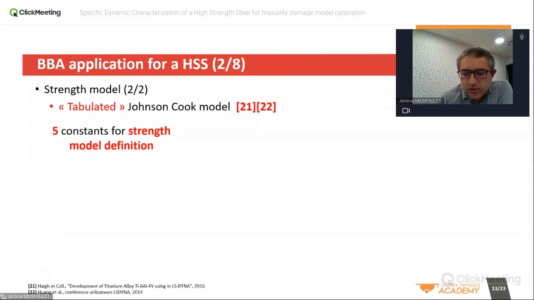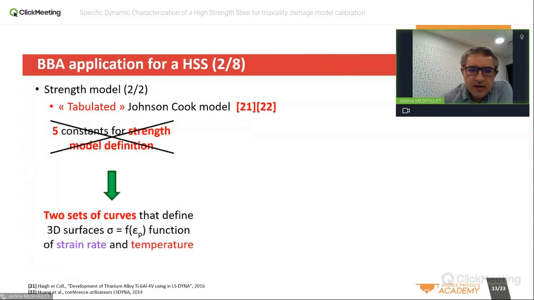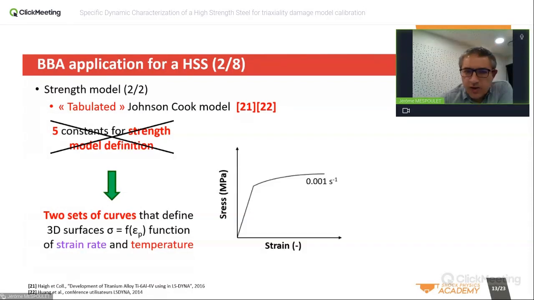So in this case, our customer asks us, okay, we want to use the tabulated Johnson-Cook model in LS-DYNA. So instead of 5 constants for strength model definition, the model is defined with 2 sets of curves that define 3D surfaces with stress versus effective plastic strain, function of strain weight and temperatures. So you enter some curves.